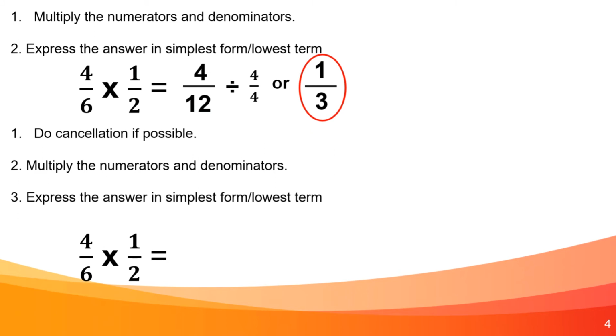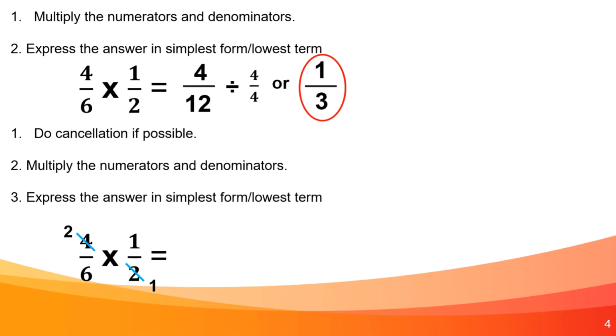Isip tayo ng greatest common factor ng 4 at 2. And that is 2. So, 4 divided by 2 equals 2. 2 divided by 2, that is 1. So, yung first fraction natin naging 2/6 na lang. And then, yung second fraction natin is 1/1.